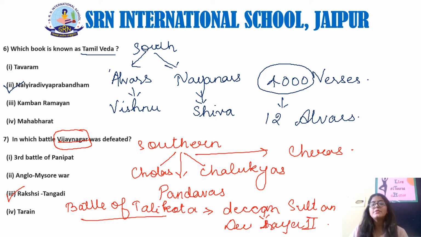And with the killing of Dev Raya II, his son and family fled away from the Vijayanagar Empire, and that was the ending of Vijayanagar Empire. And the answer to this question would be Rakshasi Tangdi. I hope this is clear to all of you.